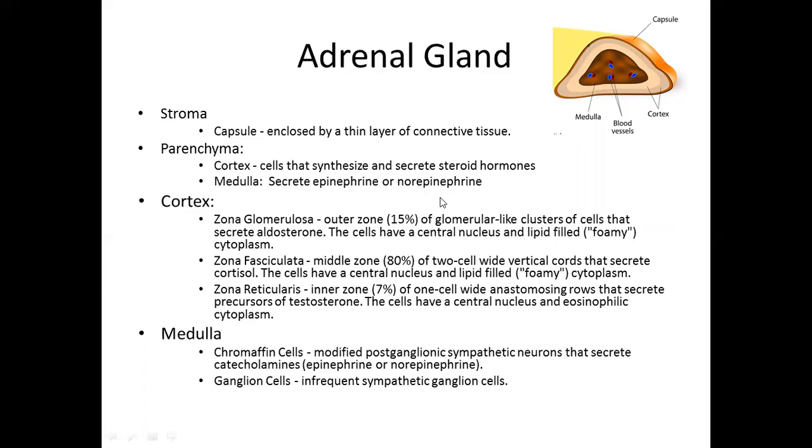Now, if we look at the histological features, the cortex, which is the outer zone, is further divided into three subzones: zona glomerulosa, the outermost zone just inside the capsule; zona fasciculata, the middle one; and zona reticularis, the innermost one just adjacent to the medulla.